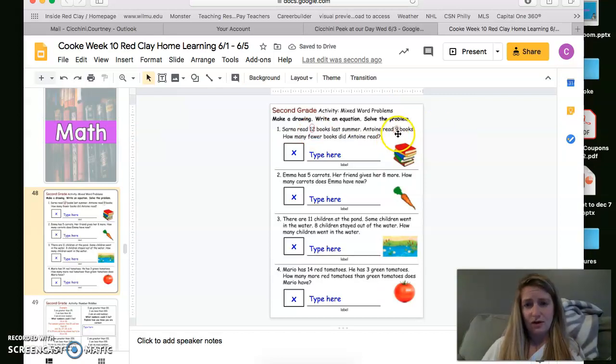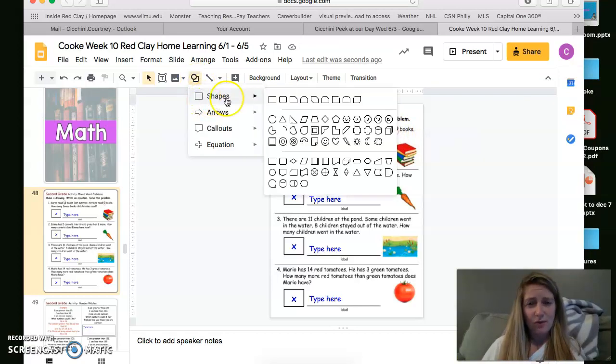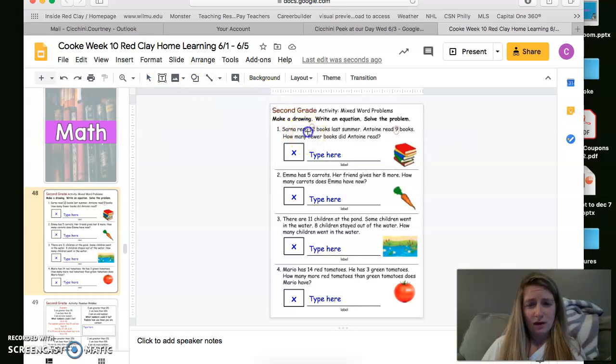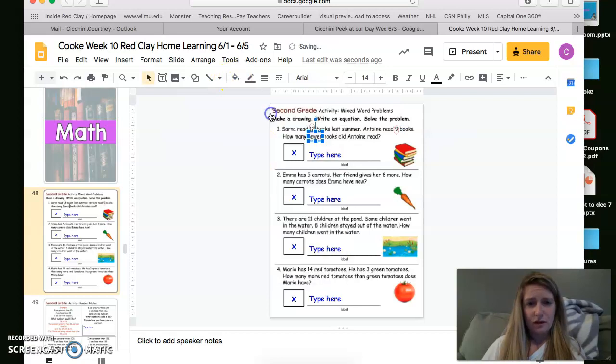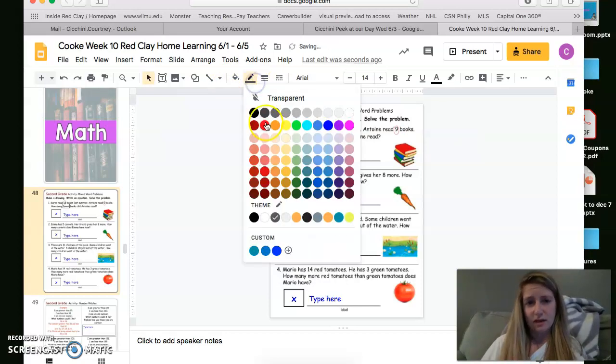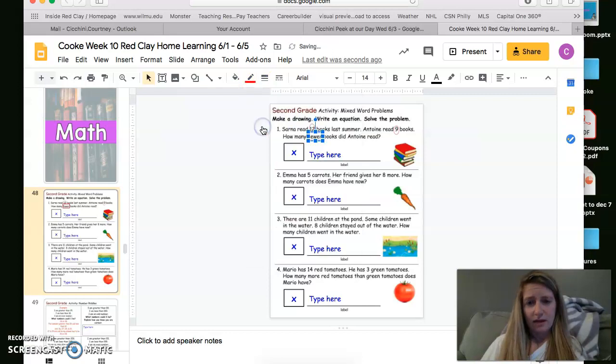I see the number 9. When I was reading, I also heard an important word, which we put into a box. Transparent means it's see-through, so that's why we click that, and then my red for my outline.